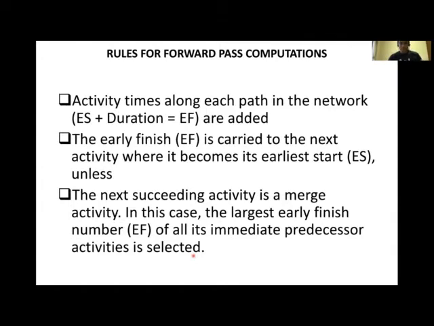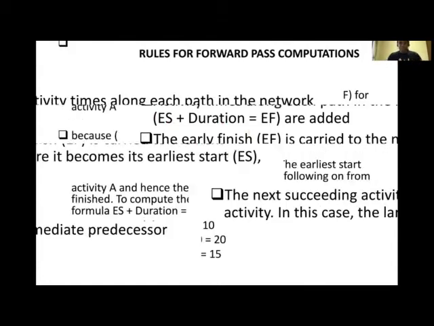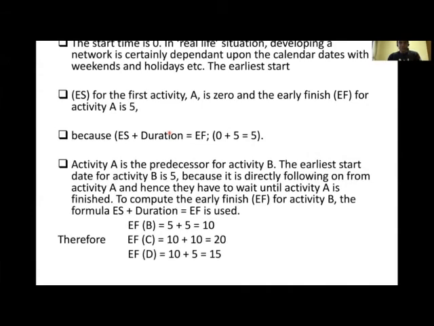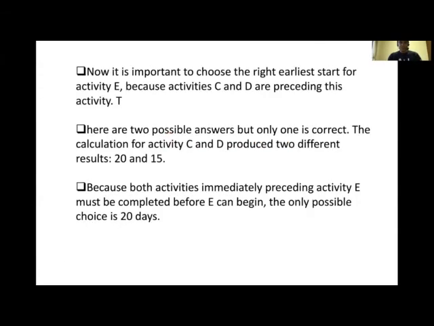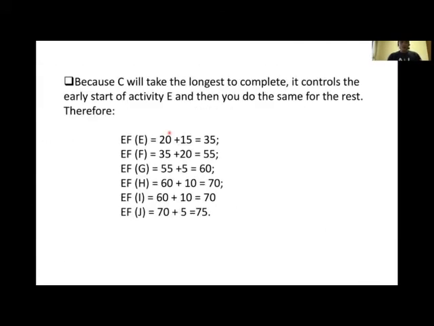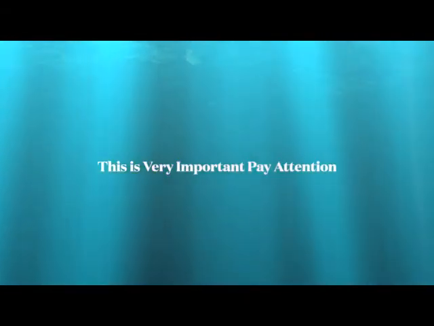And this is what we're talking about here. So in this case, you compare the two and pick the largest early finish, and that's what you take on the next activity as the early start, and do this same formula until you finish. All right, so all these are the computations which we will demonstrate on this diagram here.